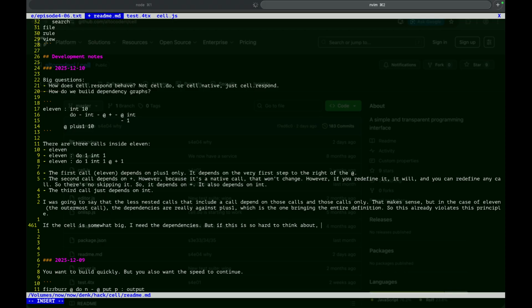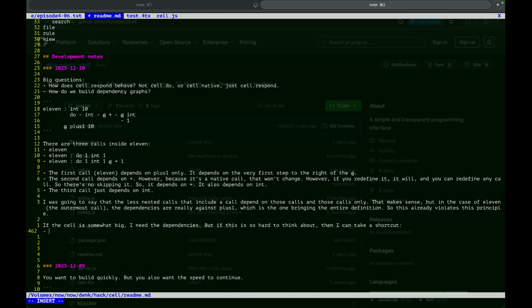Oh yeah, nothing. Then I can take a shortcut. Related top level prefixes should not care about changes somewhere else, right?